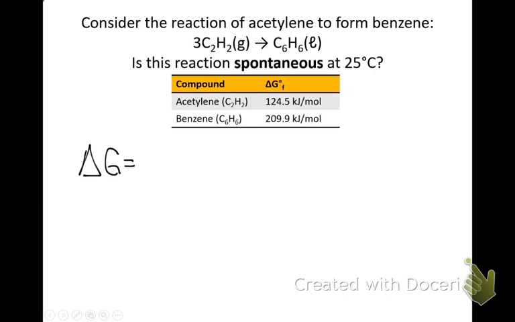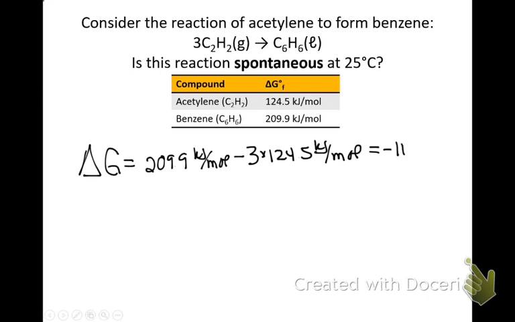So here, delta G for the products, so that'll be benzene, so that'll be 209.9 kilojoules per mole, minus the reactants, 3 times 124.5 kilojoules per mole. And so I get negative 163.6 kilojoules for that delta G.